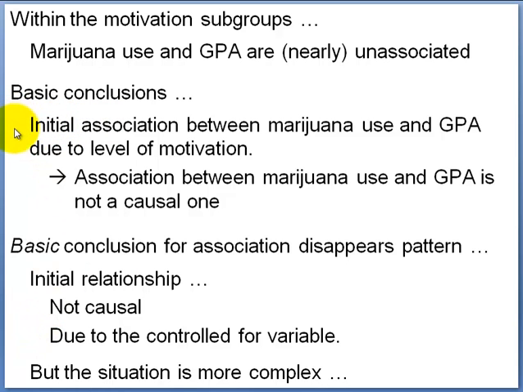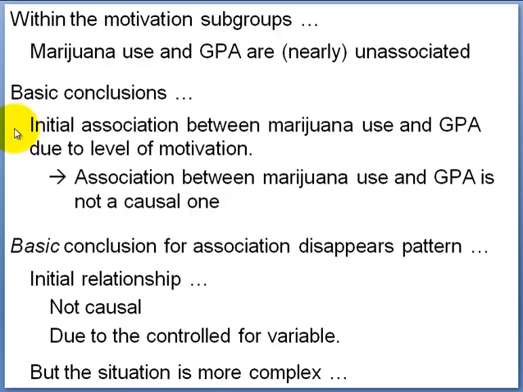So in this example, our conclusion would be that the initial association between marijuana use and GPA, the differing GPAs of users and non-users, was not causal, but rather was due to, brought about by, and explained by motivation level.